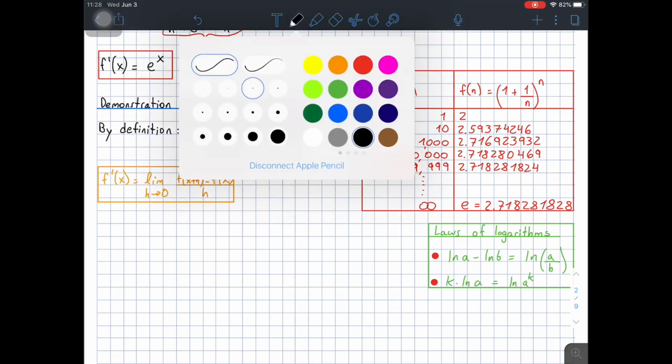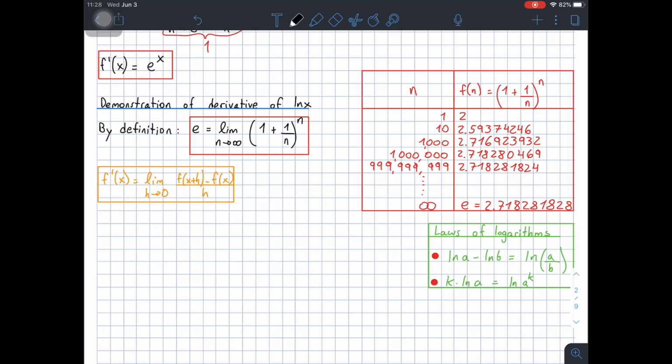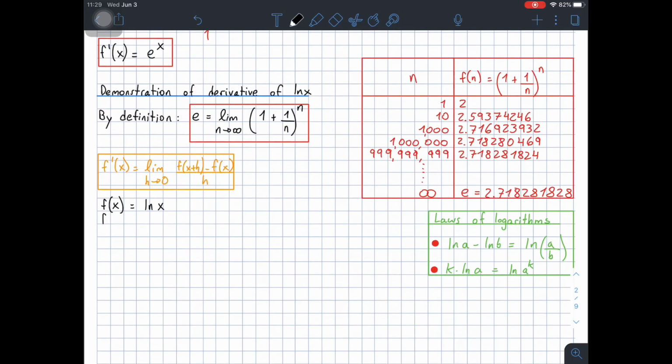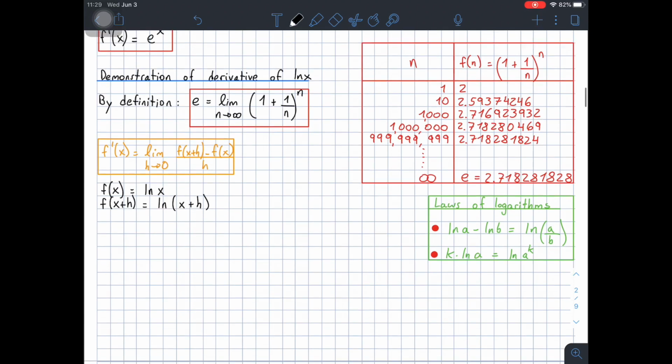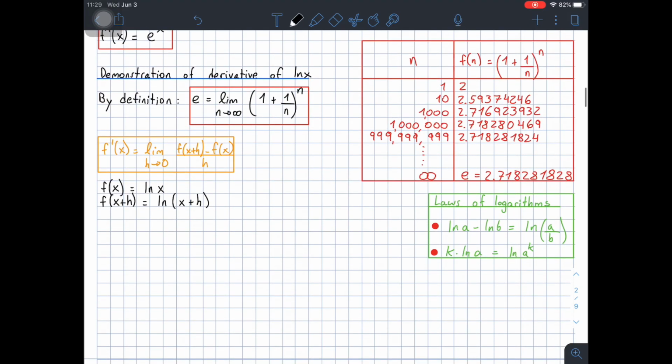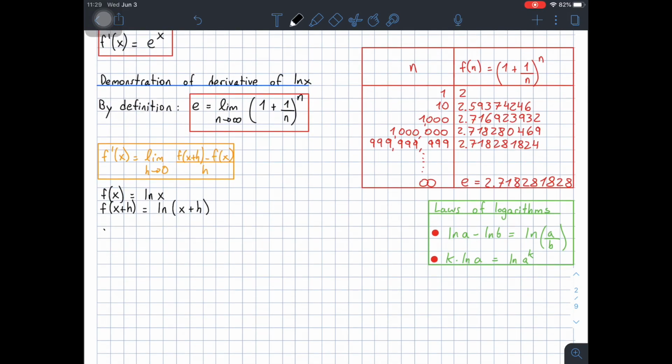From this definition, we're going to define, first of all, f of x. In this case, we want f of x to be the natural logarithm of x. So f of x plus h would be equal to the natural logarithm of x plus h.